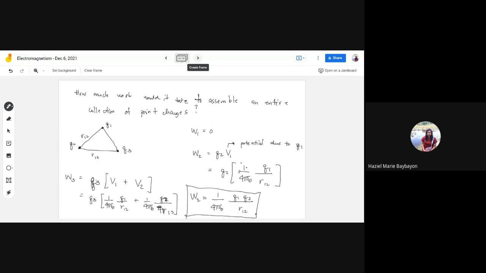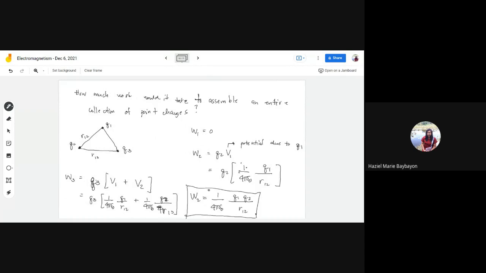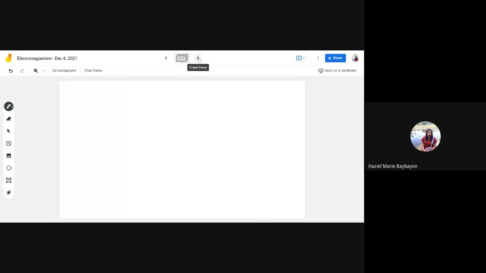Or in general, if we have many charges to assemble, we have this general expression. Work is equal to 1 over 4 pi epsilon naught, summation of Qi multiplied by Qj over Rij.